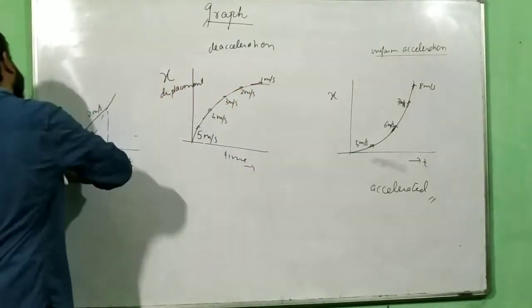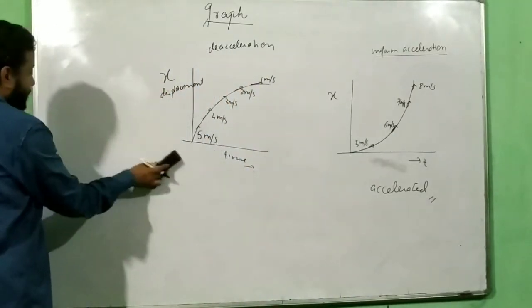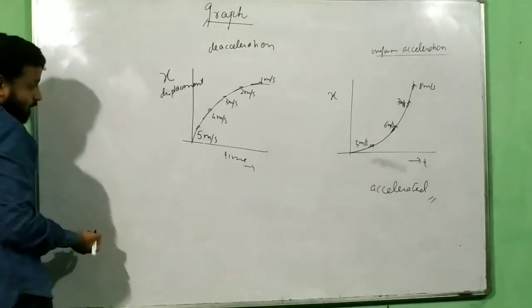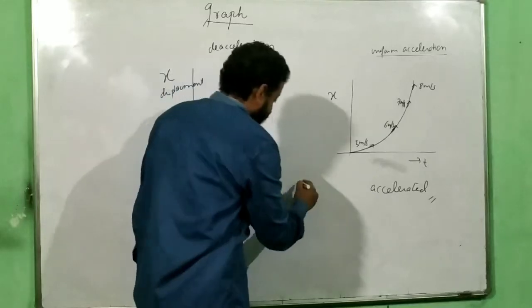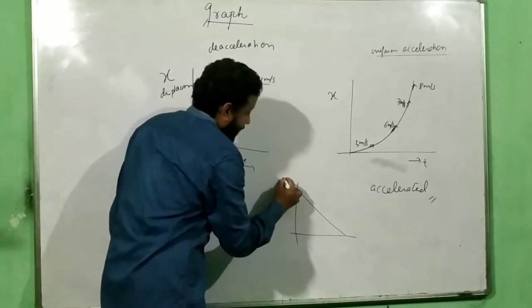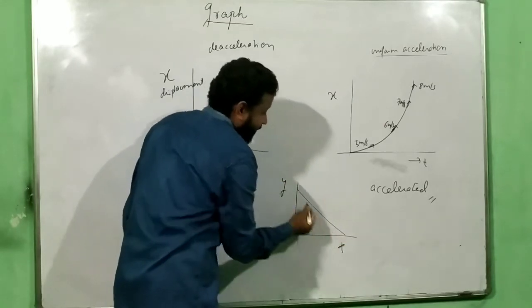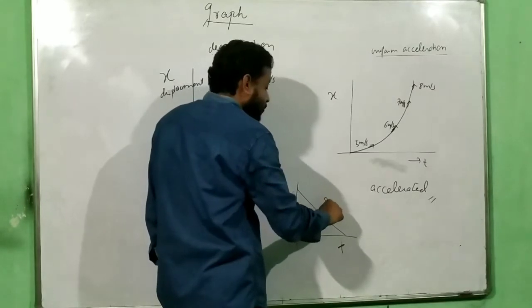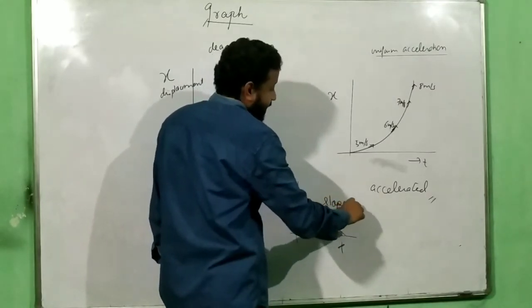Can you tell me what is happening here in this particular case? To understand this, you have to first understand this part. If I ask you one question, that if this is a y versus x graph and the two coordinates are given to you, will it be correct for me to say that the slope is negative here?